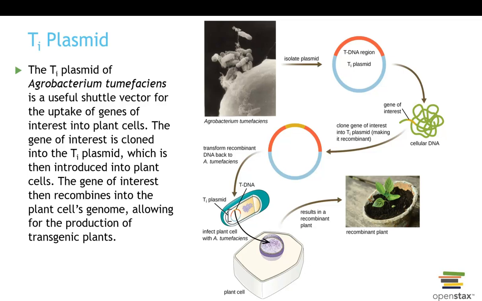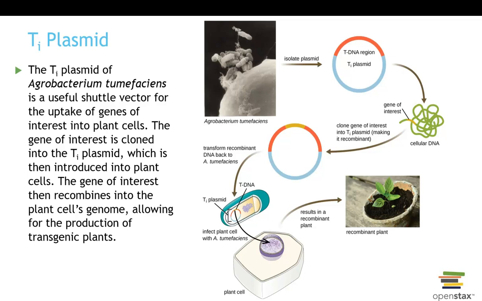Another important technique is called the Ti plasmid, the tumor-inducing plasmid. This is a plasmid that we have in a bacterium called Agrobacterium tumefaciens. This bacterium can cause tumors in plants.